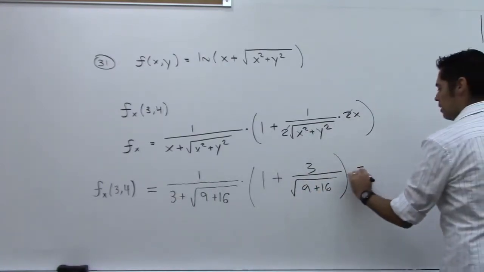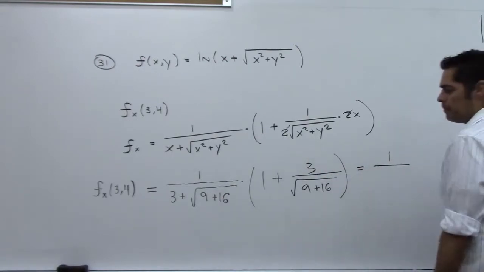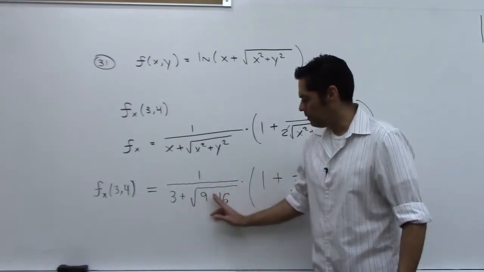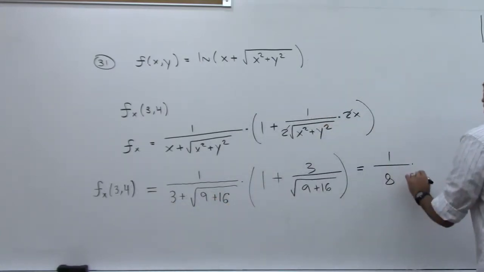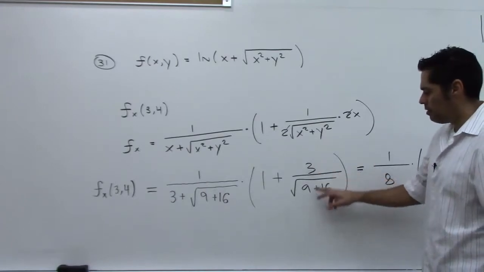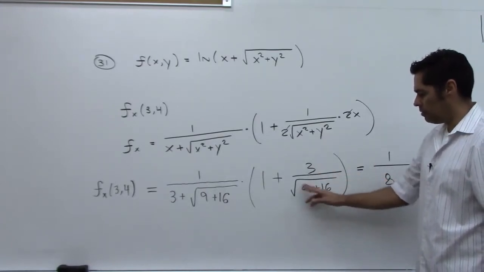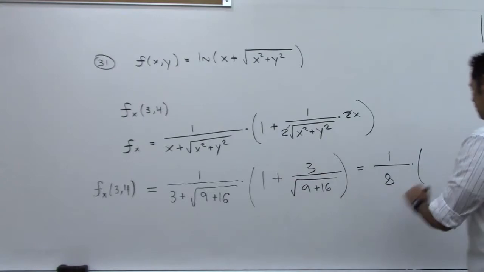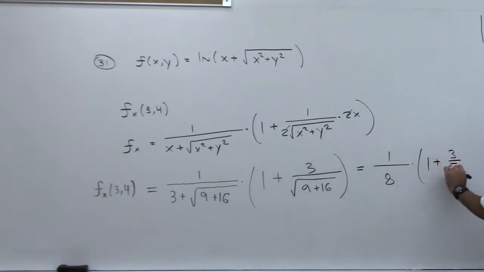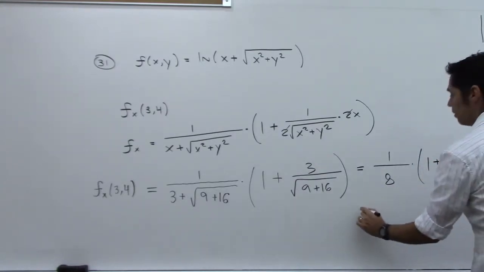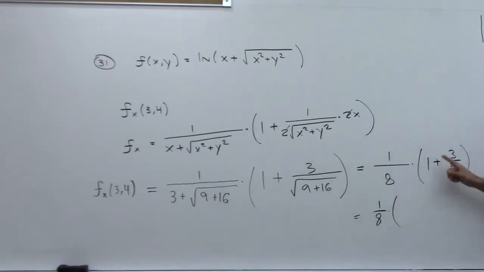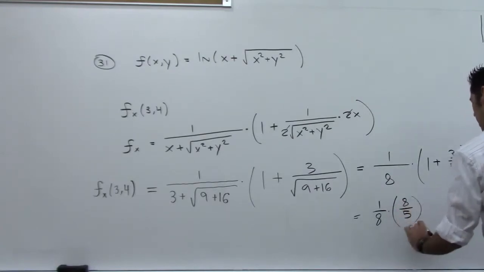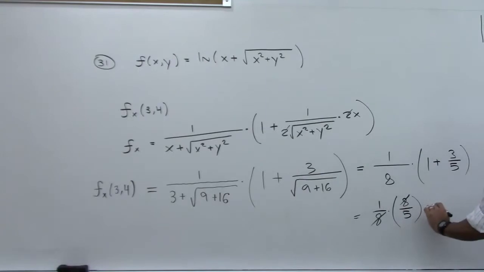So over there, 1 over, this is 25, the square root of 25 is 5, so 3 plus 5 is 8, so I have 1/8 times over here, 3 over 5, because the square root of 25 is 5, so 1 plus 3/5. And then this is 1/8 times 1 plus 3/5, which is 8/5. These 8's cancel, we get 1/5.